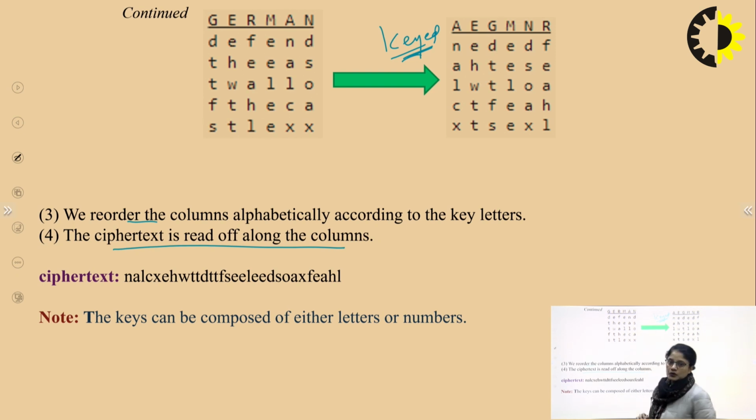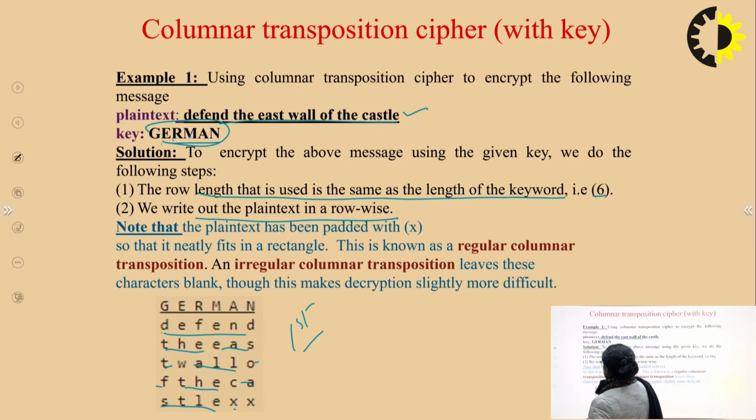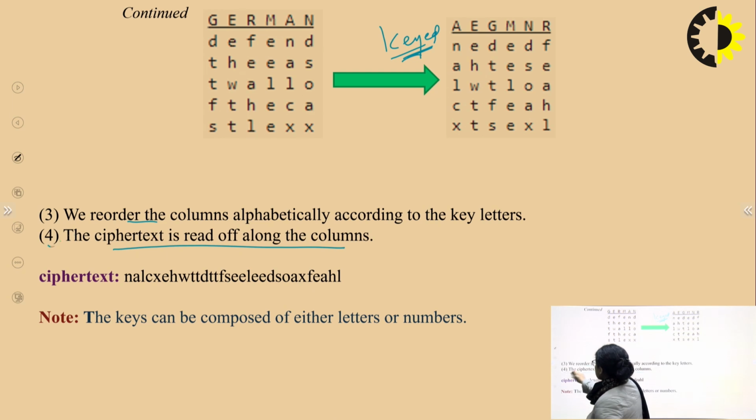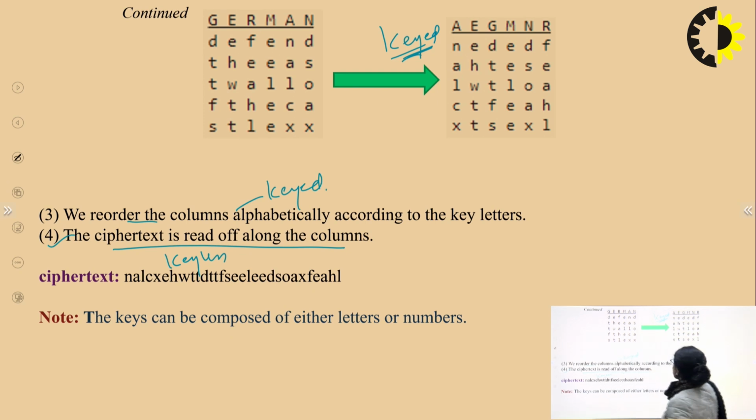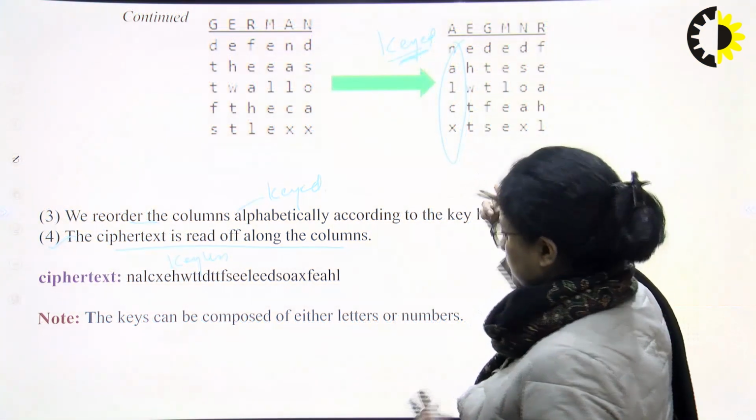And in this case, we are not going for a keyed approach, we are using a keyless approach. So the first and the third steps are keyless, and the second step is keyed.